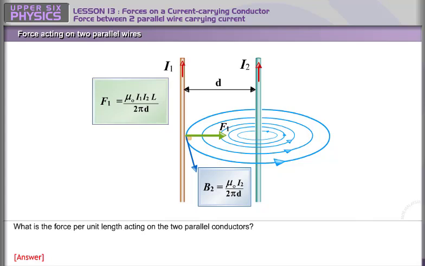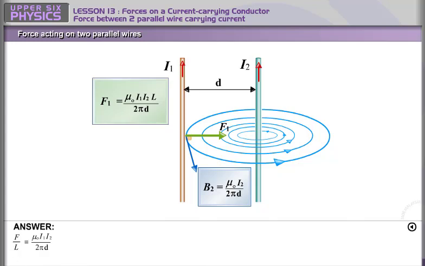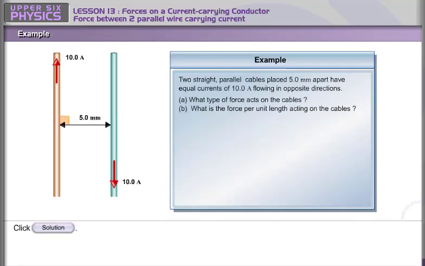What is the force per unit length acting on the two parallel conductors? Answer: F over L equals mu naught I1 I2 over 2 pi d. Click the solution button.